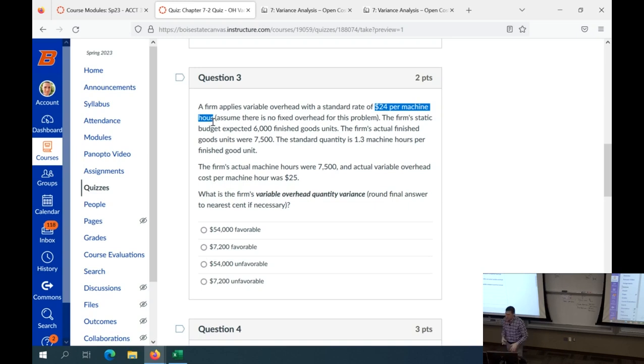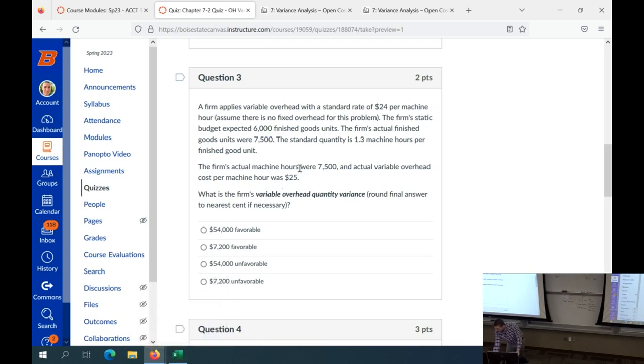We're going to be divvying out $24 of variable overhead cost per machine hour. And our standard is each finished good takes up 1.3 machine hours. And so from that, we can get how much we would be charging on a standard amount to get the 7,500 actual finished goods units we had.